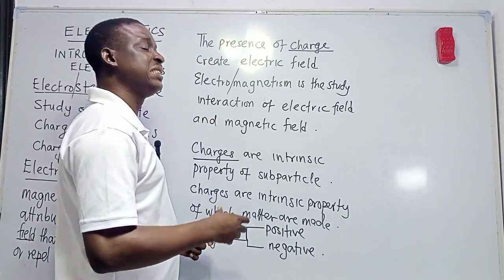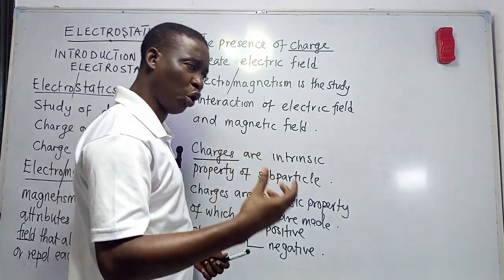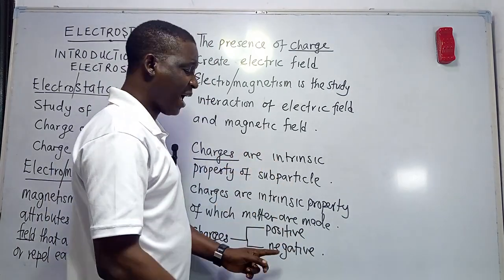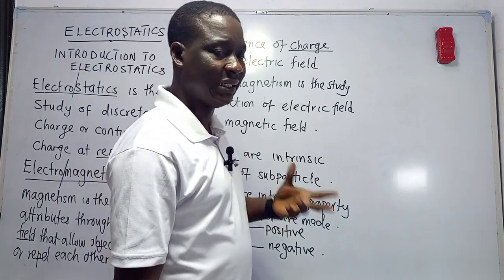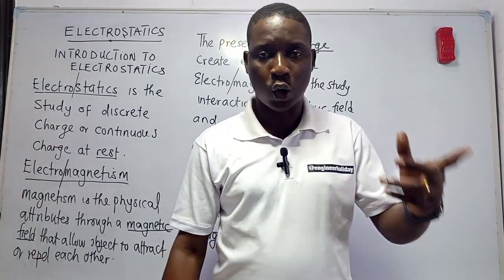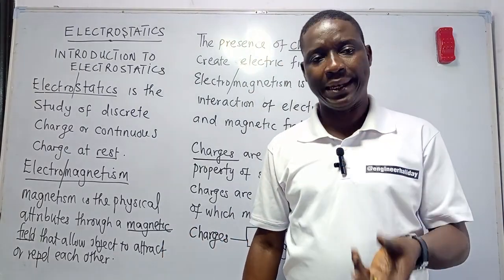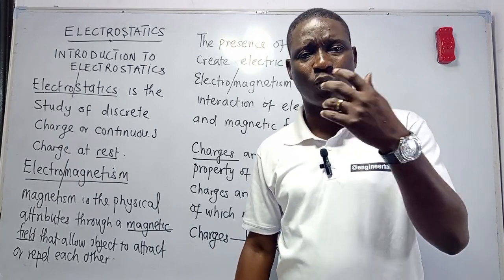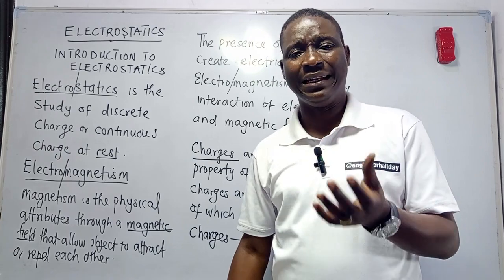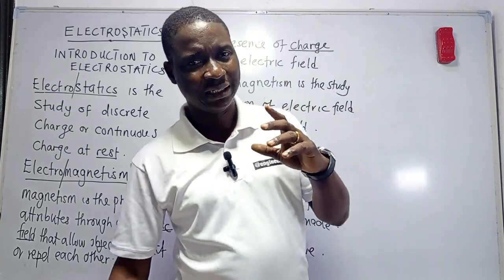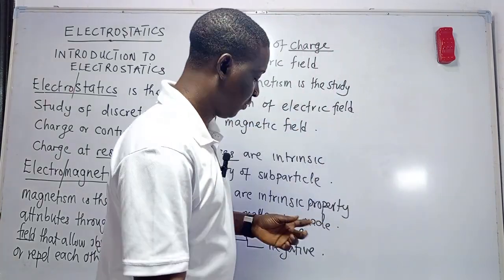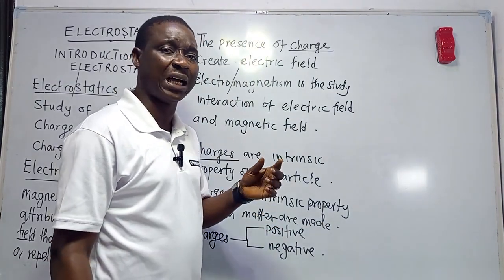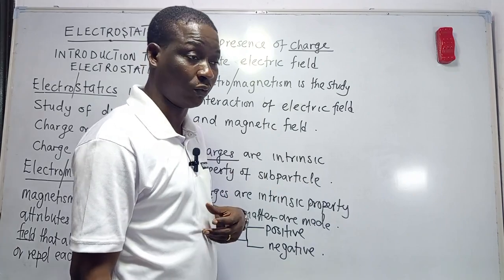A positive charge is a result of loss of electron, while a negative charge is a result of gain of electron. So when an atom gains an electron, it becomes negatively charged, while it is positively charged when it has lost an electron.